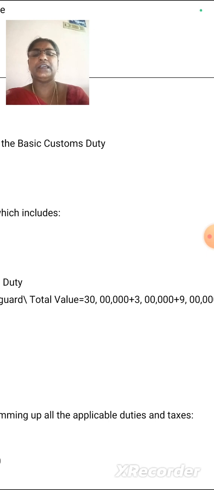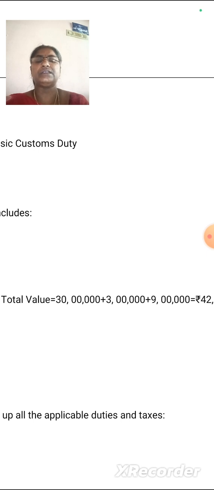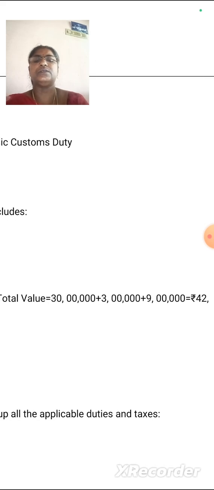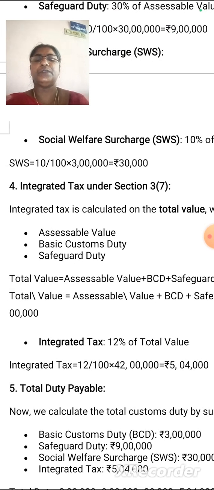30 lakh is the basic assessment value, 3 lakh is the basic customs duty, 9 lakh is the safeguard value, and the social welfare surcharge is 30,000. Lastly, we are getting 42 lakh.